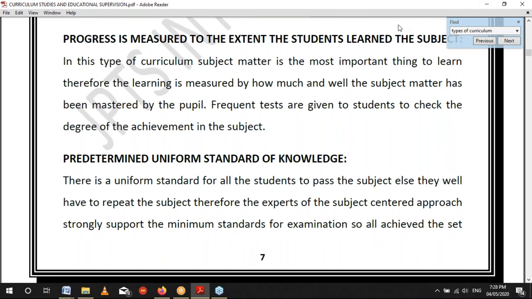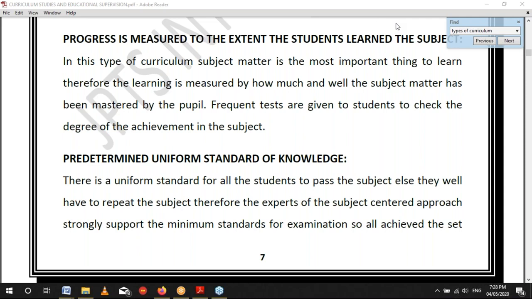3, predetermined uniform standard of knowledge. Predetermined, I didn't explain, sorry.